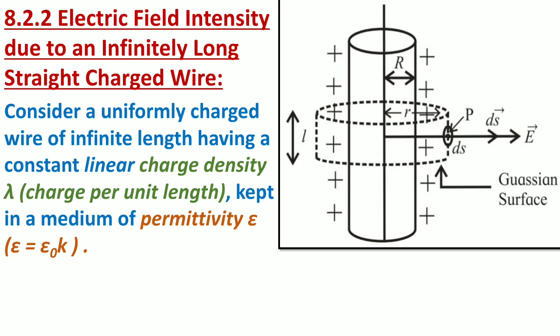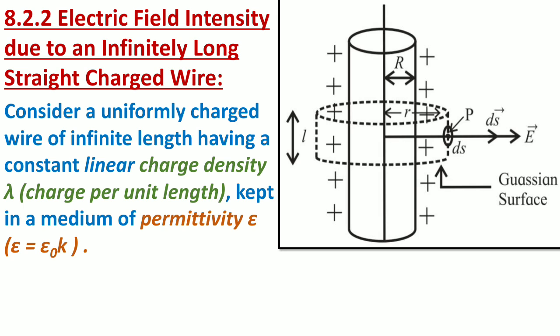As you can see, a small area ds is considered. By symmetry, the magnitude of the electric field will be the same at all the points on the curved surface of the cylinder and will be directed radially outward.